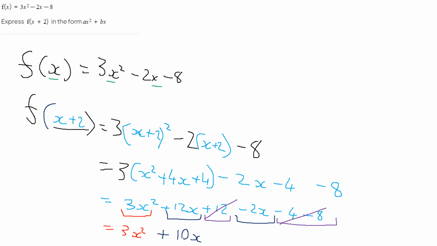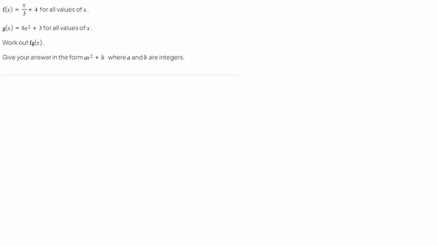We can use the same principle with other functions. So now we're told f of x is equal to x over 3 plus 4, and g of x is equal to 6x squared plus 3x. So work out f of g of x. This is the same as writing f of g of x.